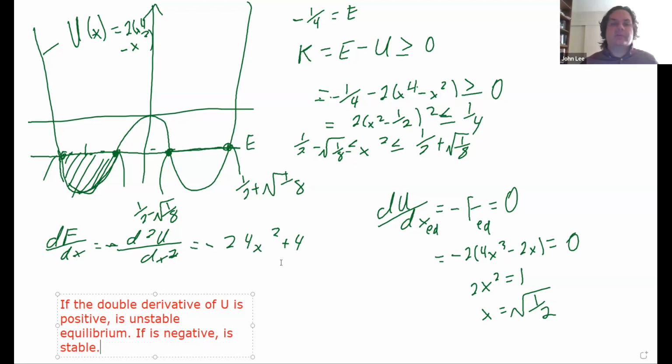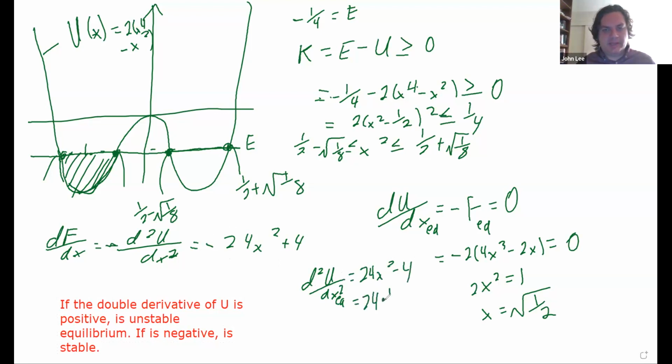So the double derivative of u at this point, at x equals the square root of 1/2, d squared u/dx squared at equilibrium is equal to 24x squared minus 4, which is equal to 24 times 1/2 minus 4, which is greater than or equal to 0, which is going to be 8, I believe. Yeah. So this is a stable equilibrium.